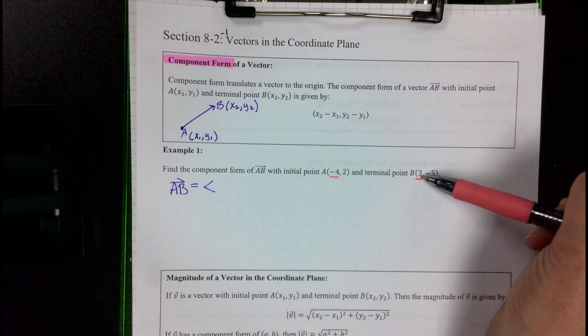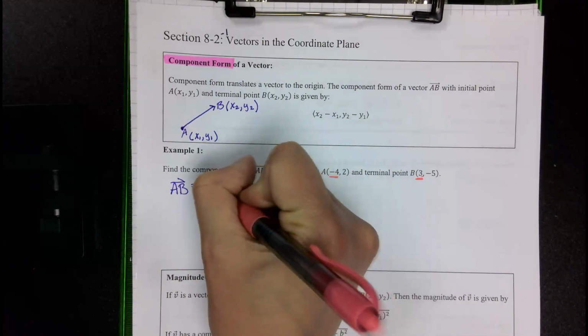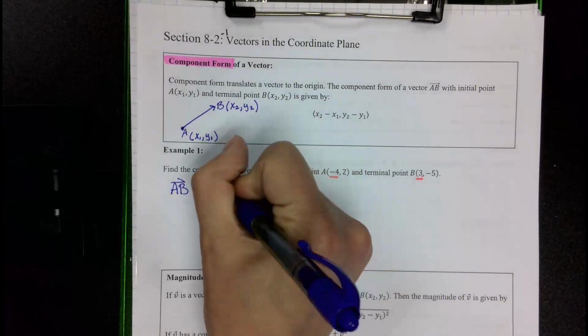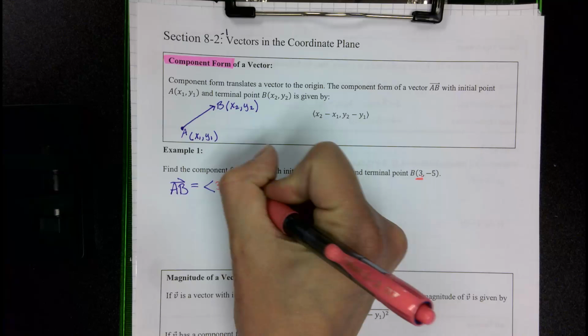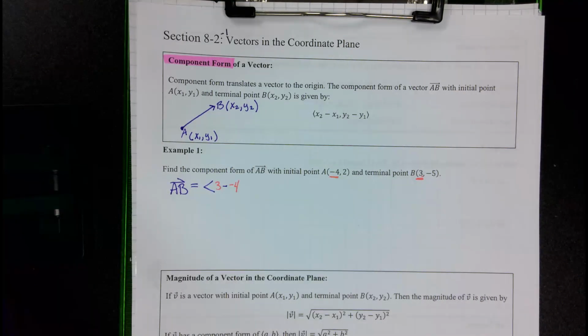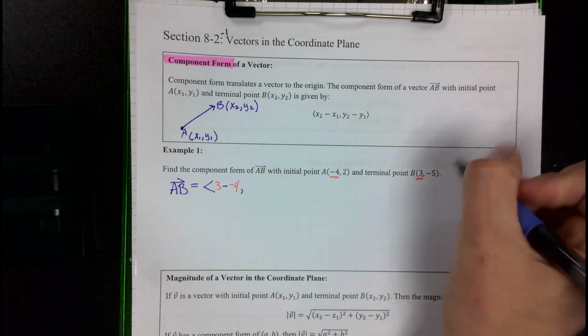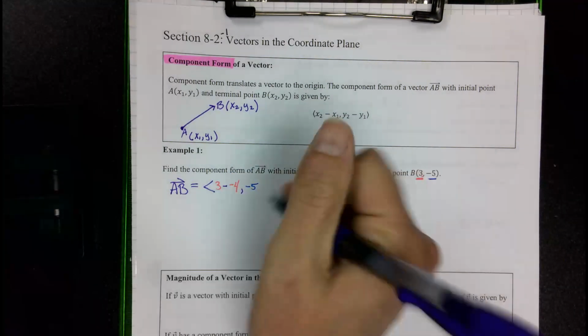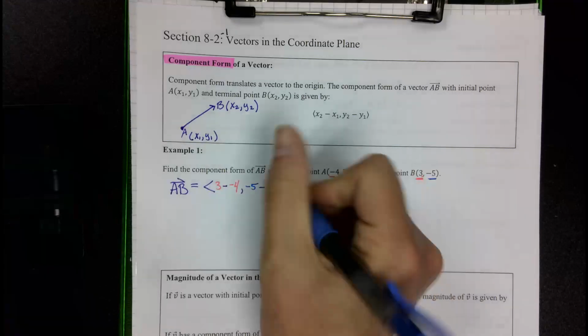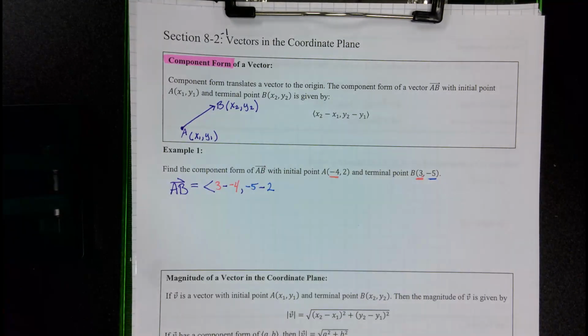So I'm going to start with the 3 minus the x value of the initial, which is -4. And then I'm going to take the y's and do the same thing, the final y, which is -5, and subtract the initial y of 2.